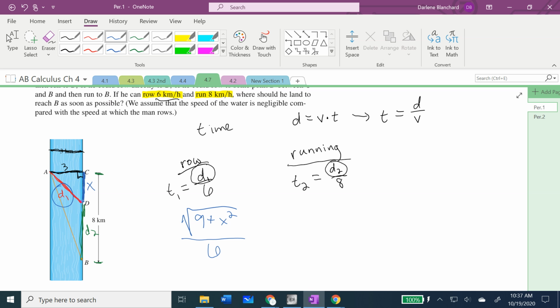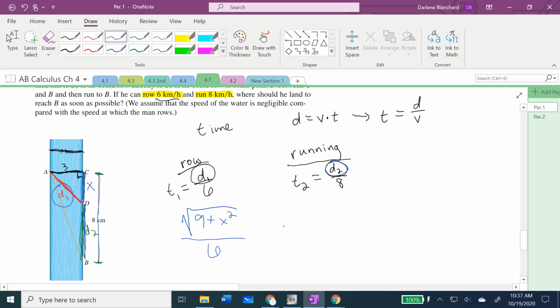Then for distance 2, what's the formula for distance 2? Oh, the 9 comes from 3 squared. Good. 8 minus x is the formula for this distance because we know this is 8 kilometers for sure, and we're taking away whatever that x distance is.